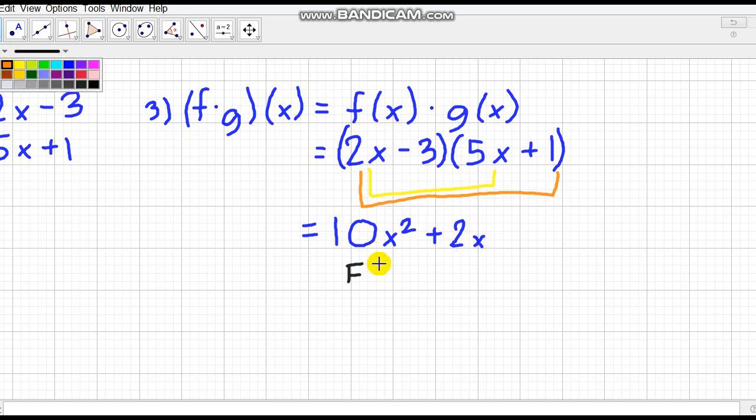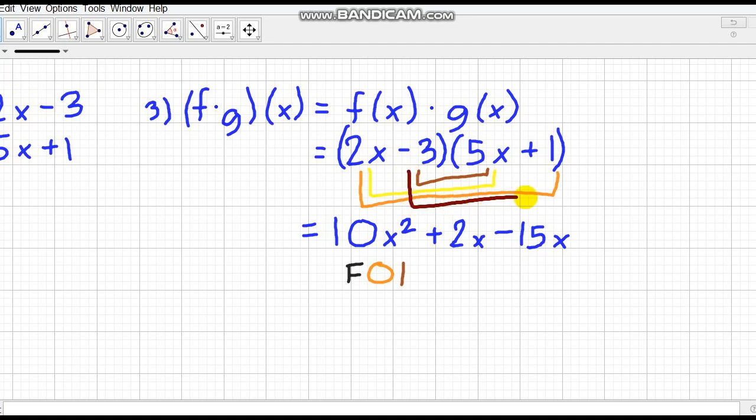That is the outer. For the next one, we have the inner, negative 3 times 5x. That's the inner, which is negative 15x. And lastly, we have the last terms, negative 3 times 1. That's the last, which is negative 3.